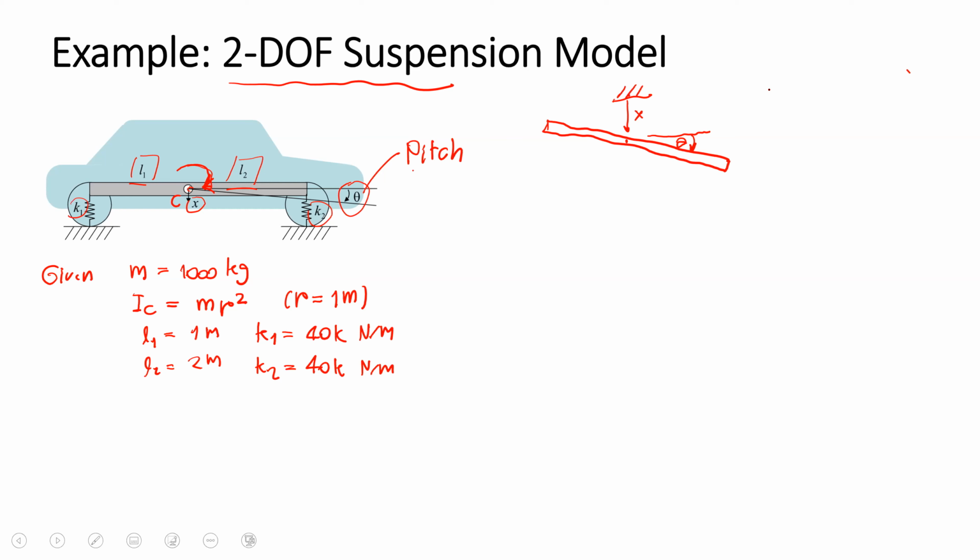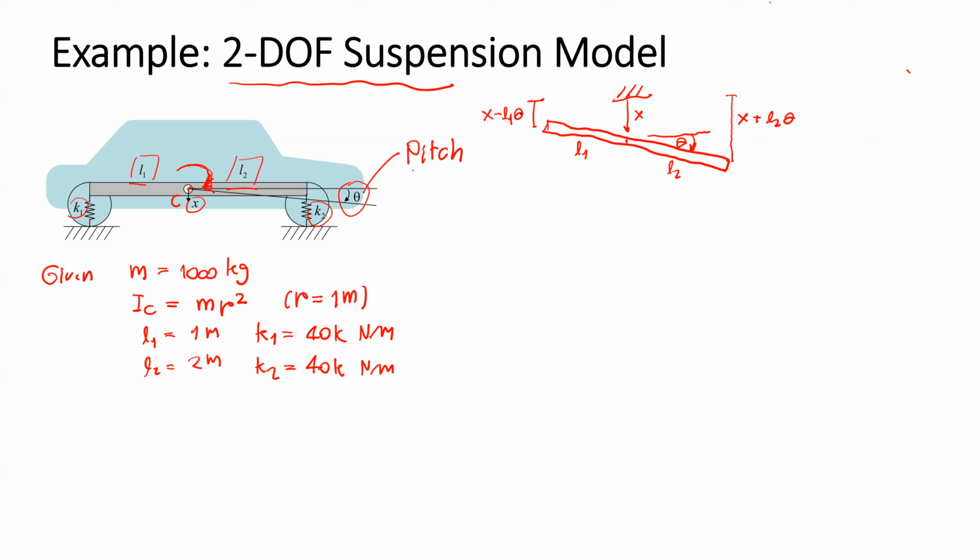And from the equilibrium, if the car is pushed downward with the distance x, and it doesn't have inclination, then considering the displacement from equilibrium, here should be x plus L2 theta, and here should be x minus L1 theta.